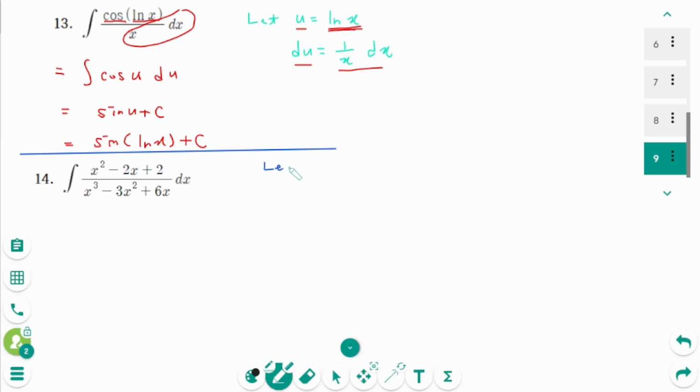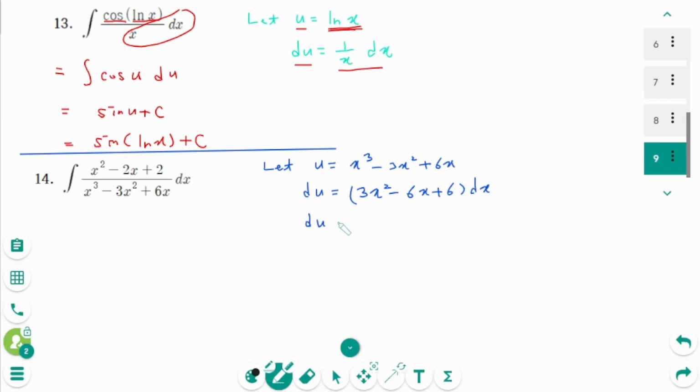Let u equal x cubed minus 3x squared plus 6x, then du equals 3x squared minus 6x plus 6 dx.